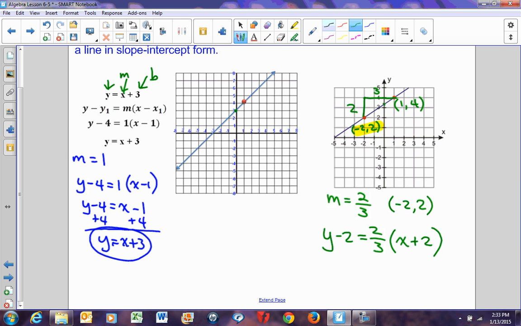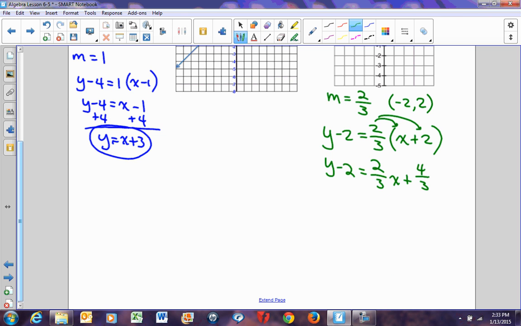Now I need to get it into slope-intercept form. If I distribute here, I get y minus 2 equals 2/3 x plus 4/3. Now I'm going to add 2. These will cancel out, leaving me y equals 2/3 x.